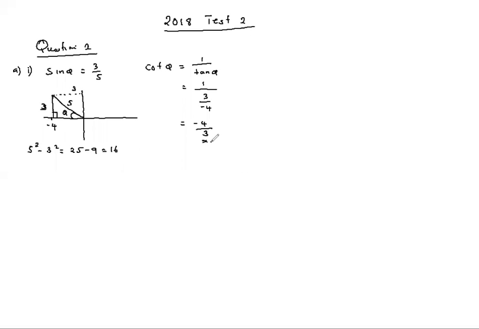It's that easy. 2. Sir, what do they really mean by the terminal side? The terminal, the end. When they say terminal side, they mean the end side of it.